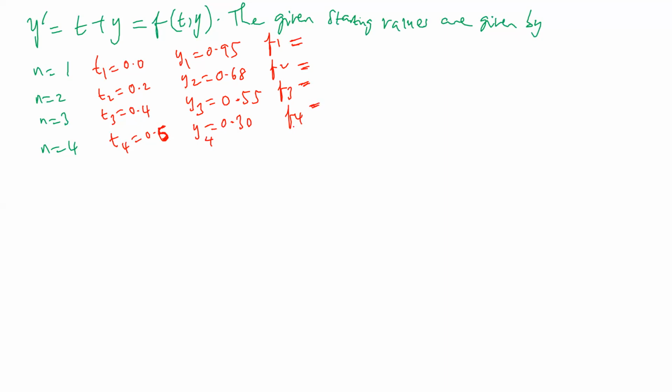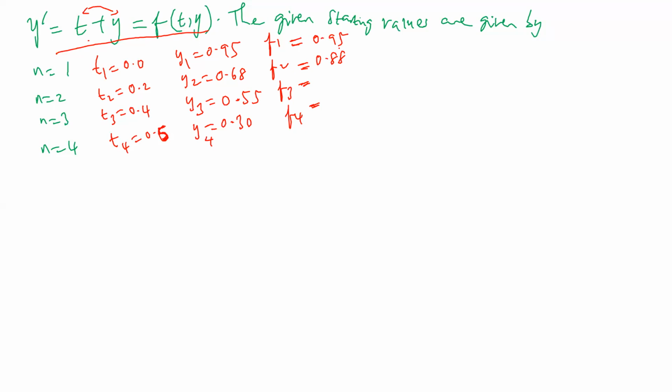So now the question is, what are these ones? You can easily get the F's, because the F of t, y is the sum of t and y. If it is 0.0 plus 0.95, then it's 0.95. 0.2 plus 0.68 is 0.88.